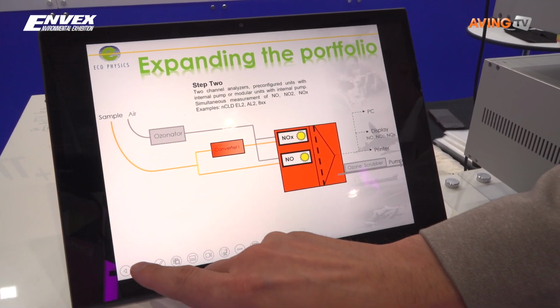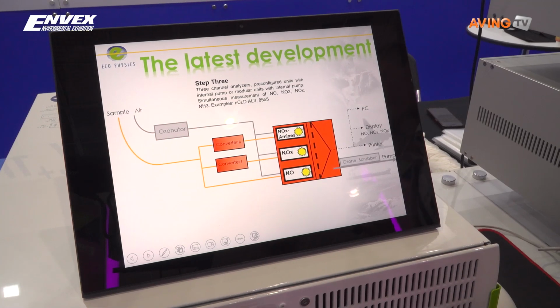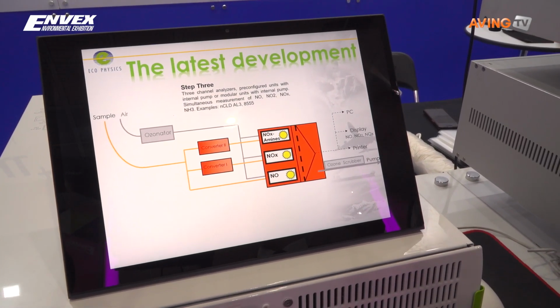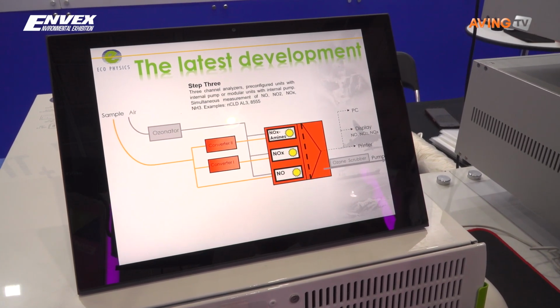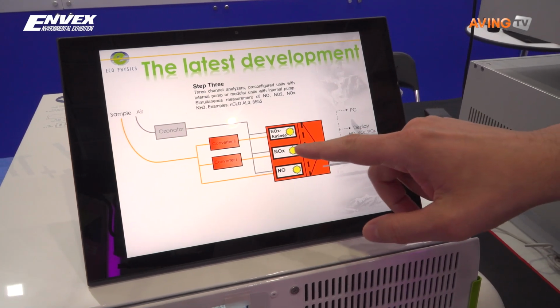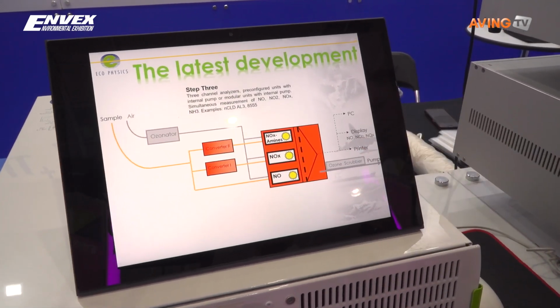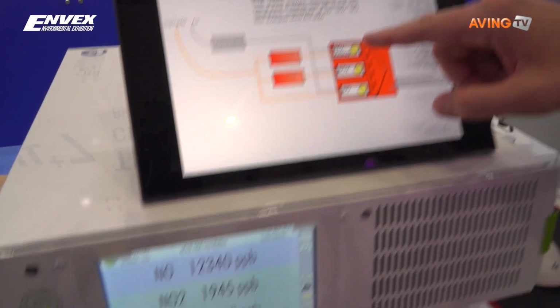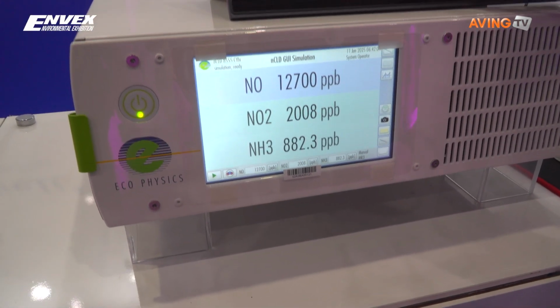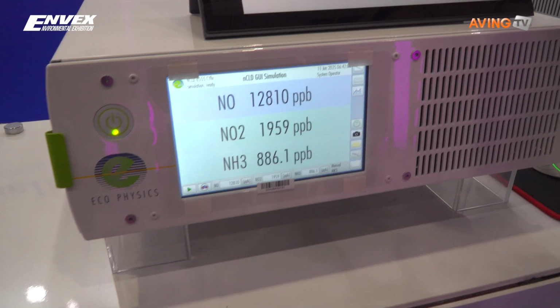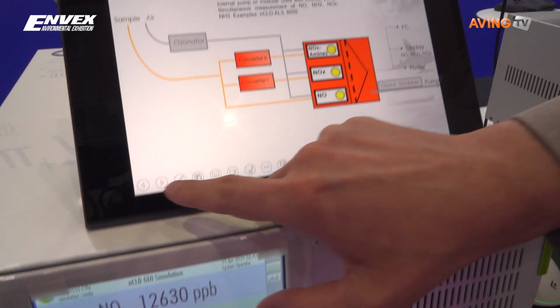And now this is the top line development, which you see over here, which is also advertised on the board. 3 channels. It is the 3-channel analyzer, which has 2 different types of converters, one for NOx and one for NOx amines. The difference between those 2 channels is NO2, and between those 2 is NH3.